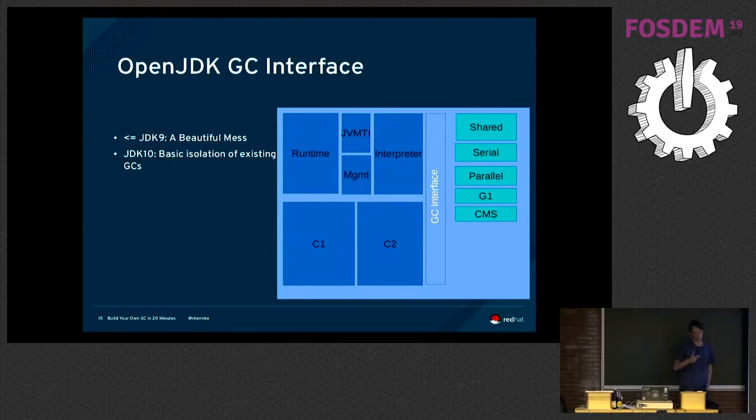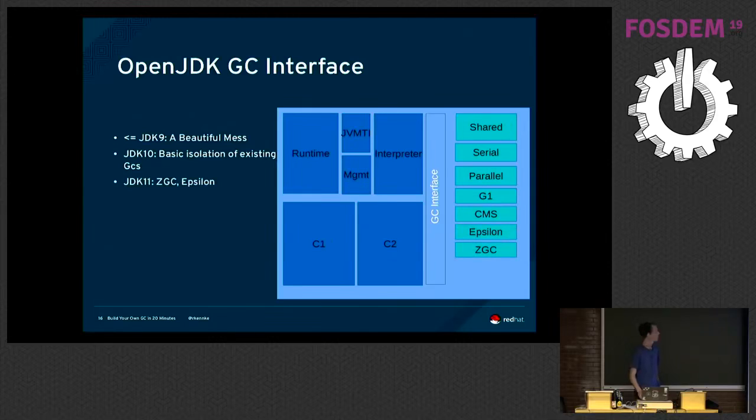Especially CMS, because you've probably noticed that it's deprecated. We wanted to isolate this because it was all over the place and hard to manage. So this is our first push to the GC interface in JDK 10.